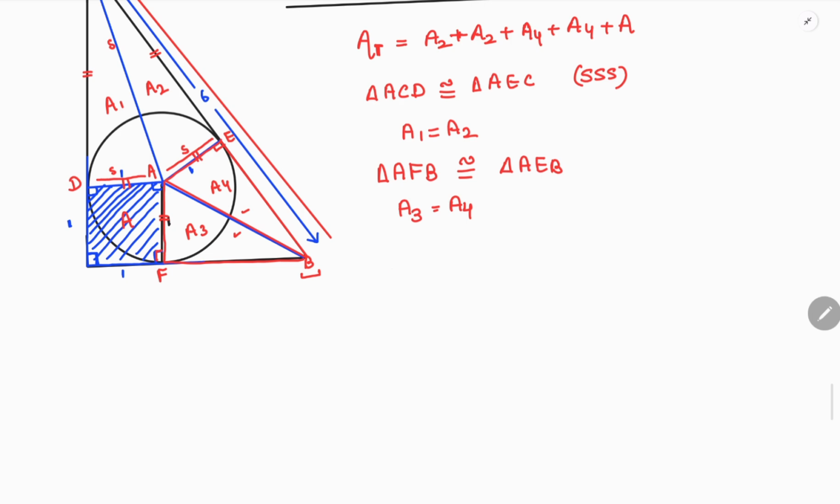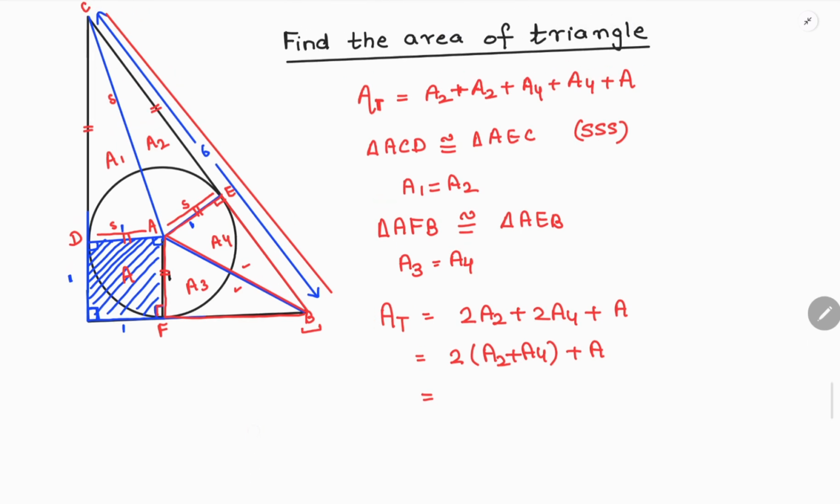Now finally, the area of the complete triangle, AT, equals 2A2 plus 2A4 plus A. We can take 2 common, so in brackets we have A2 plus A4, plus A. If we join A2 plus A4, we can find the area.